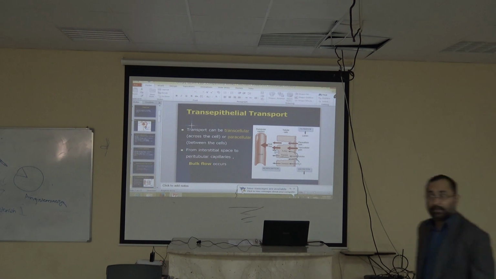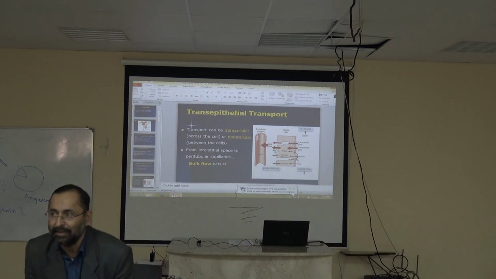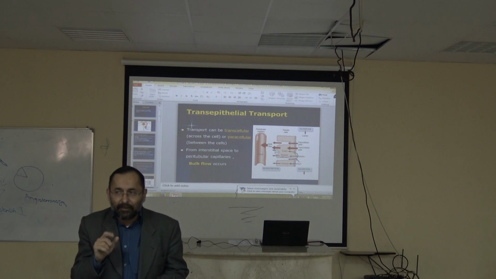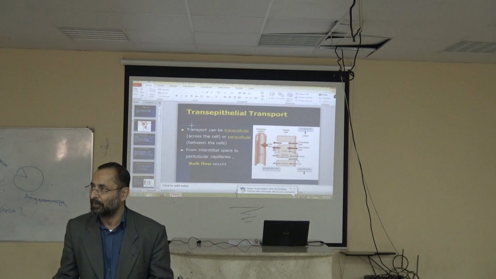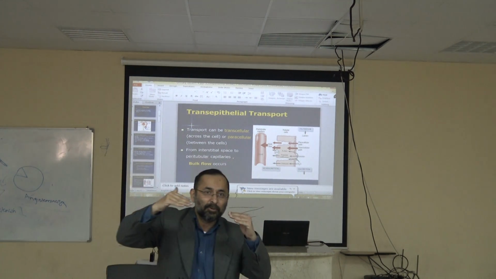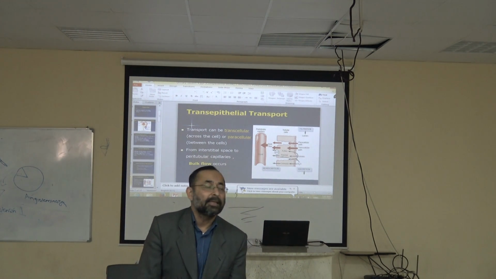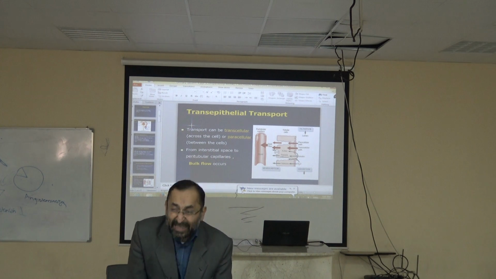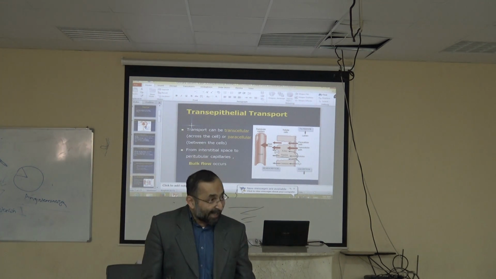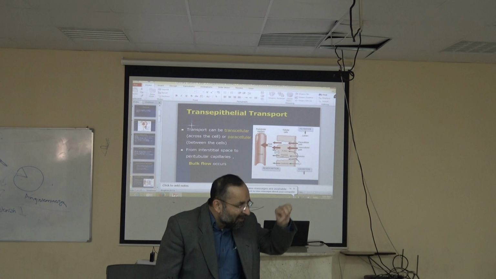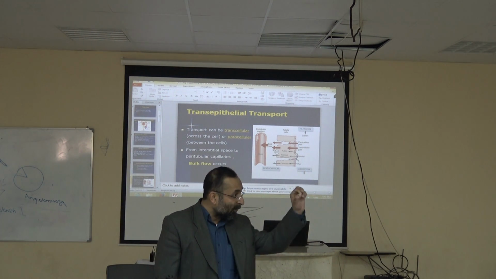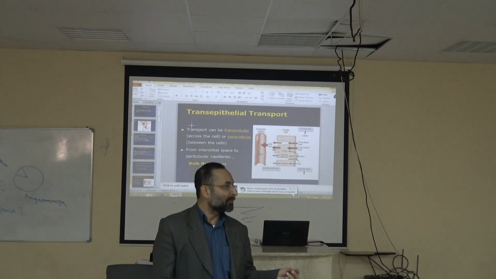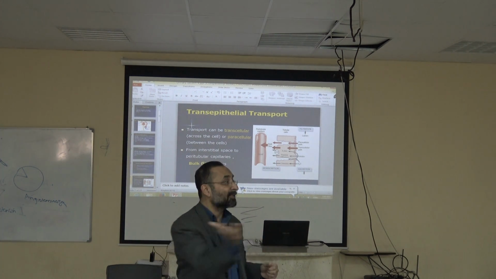And if you don't want to pass through the cell, you have one more way: to go between the cells. That is where the two cells are meeting. These are called the tight junctions, but they have little spaces or holes which can allow water and small electrolytes, sodium, potassium and chloride, to move.